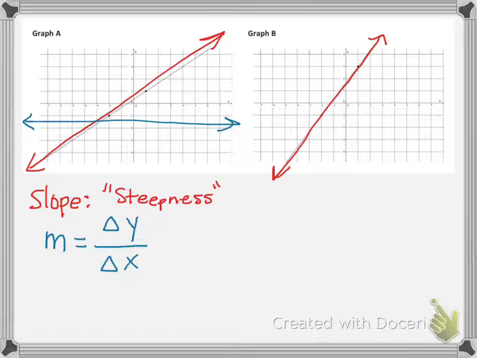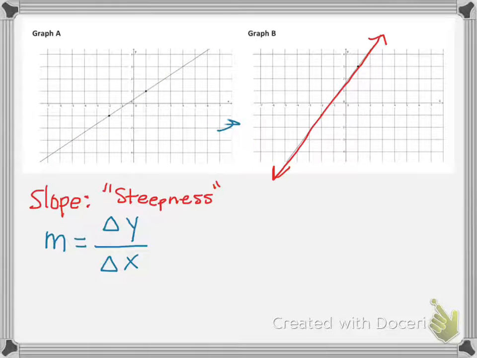So if I go back here and get rid of some of my scribbling, we can do that. The first point is here. That's the point (-2, -1). How does that point change when we go to the next point, which is (1, 1)? Well, I would have to go up. That's my change in y.